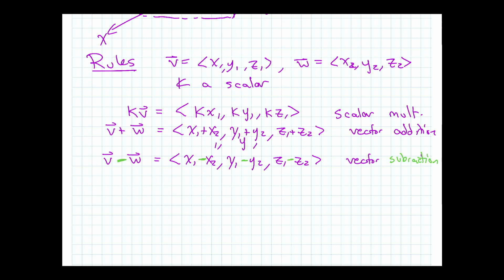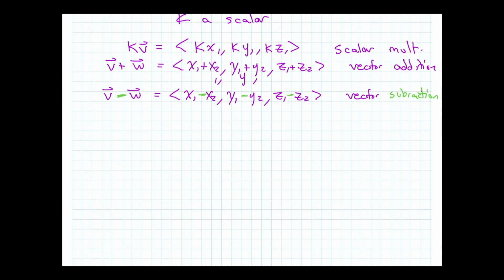Okay. We can do the magnitude. Technically, we haven't done that yet for 3D. The magnitude of a vector is going to be basically the same formula as you used before: the square root of x1 squared plus y1 squared plus z1 squared.